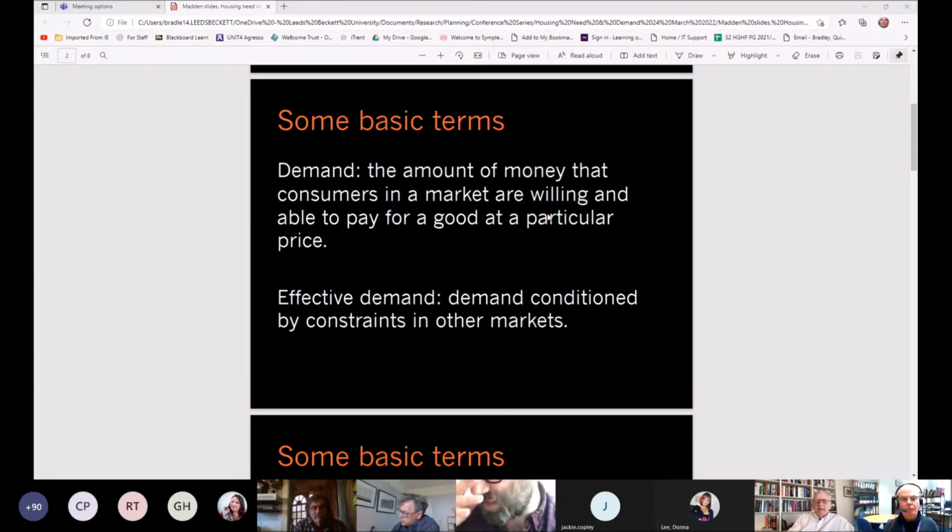For any economist discussing housing, or any political economist discussing housing, the central category is actually effective demand. So effective demand just means demand as conditioned by constraints in other markets, in labor markets, in any other corner of economic life. So just understood in its most basic sense, demand is the question of what people can pay for housing.